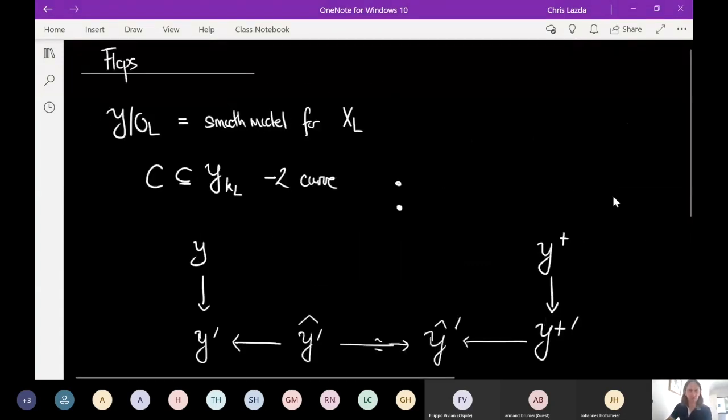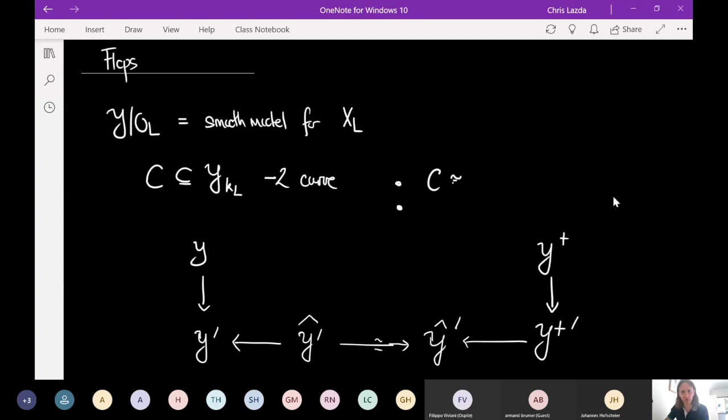So the way these flops work is that again, I take my smooth model for X over L, and I take a -2 curve inside its special fiber. So this is some curve that's just isomorphic to P1 and that has self-intersection -2. And what I can do is form another smooth model for X_L, Y, over here as follows.